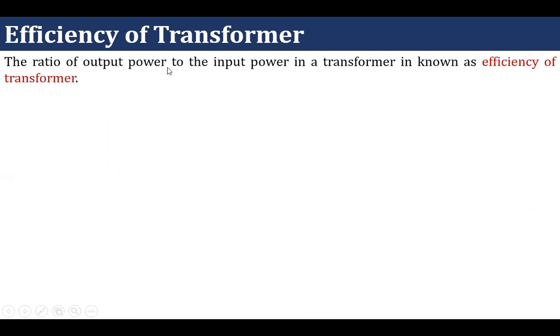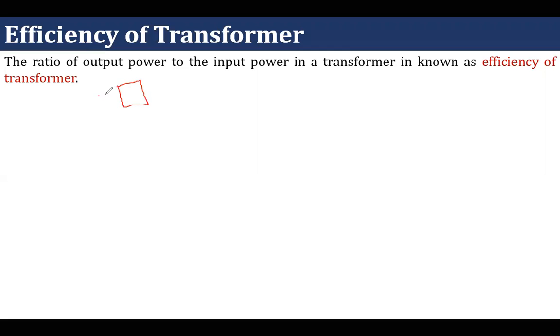The ratio of output power to the input power in a transformer is known as efficiency of transformer. Although this definition is true for all the systems. If any system we have, the total output power P total out and this is the input power P total input power we have to take.